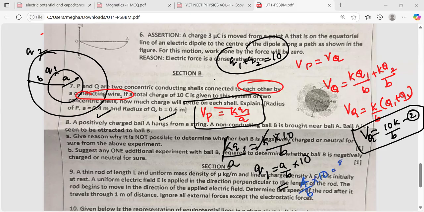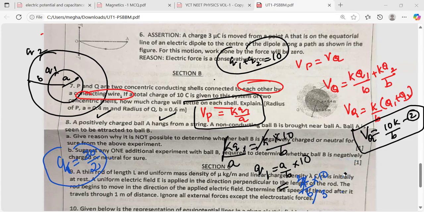That is equal to 2 by 3 into 10. So 20 by 3, I'm sorry. Q1 is equal to 20 by 3.